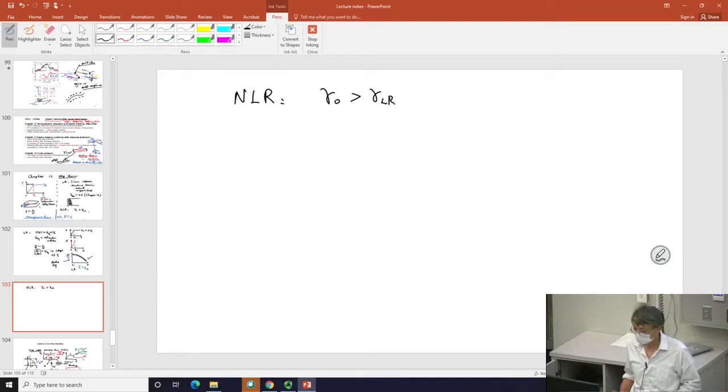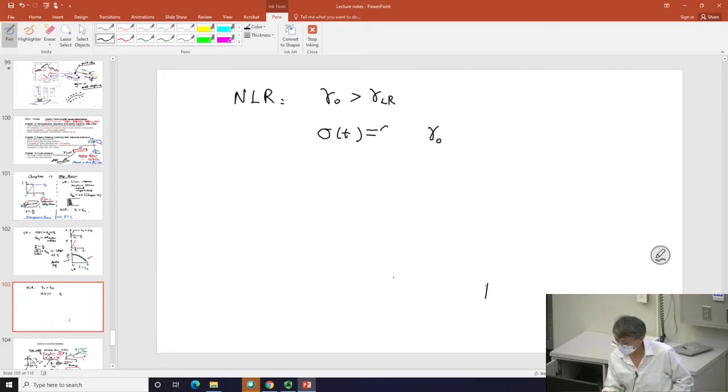But operationally, it is not a crime to acknowledge that the stress is a function of how much strain you applied, except whatever is in front of gamma should have the same unit as stress, because gamma is dimensionless.